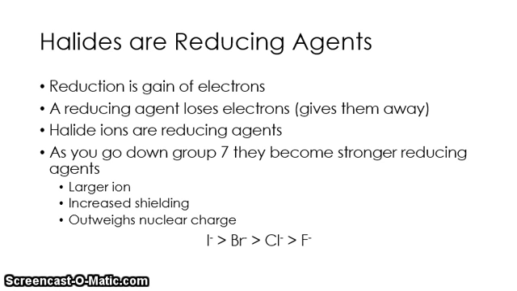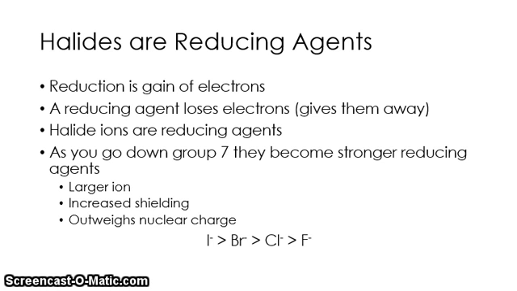And the reason they become stronger reducing agents is they become better at giving away that electron. That's because as you go down group 7, the ions become larger. So the outer electron is further away from the positive charge of the nucleus, so that makes the attraction weaker.